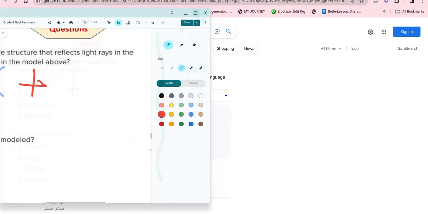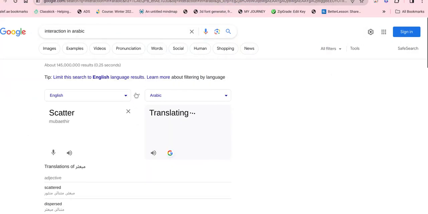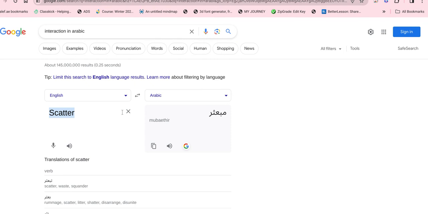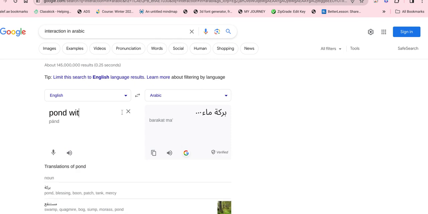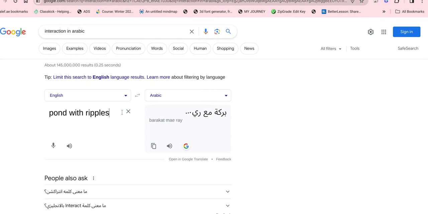Maybe you don't know what is meant by pond with ripples. So again, you don't have access to Translate when you're taking your test, but we have access to it now. So some of these words we can look up. We can use the process of elimination. So this is what I was trying to help you do.